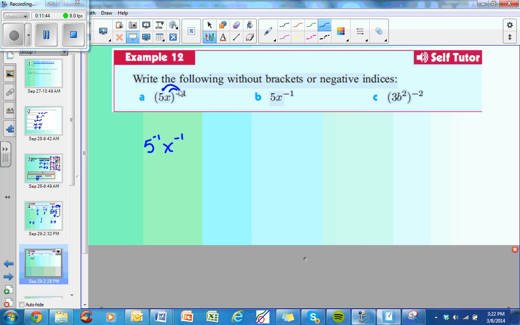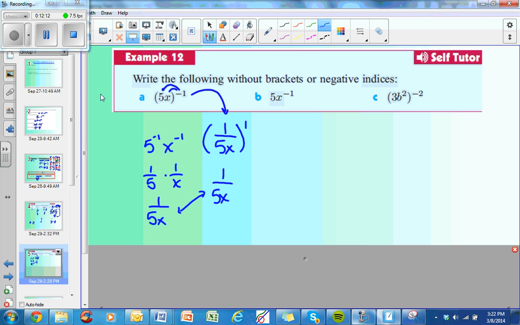It's negative first, which makes that 1/5 times 1 over x, and that's 1 over 5x. Another way to think of it is, as I said with the last one, deal with the negative first. That's going to make it 1 over 5x to the power of 1. Distribute your 1, and it stays 1 over 5x. And again, either way, we get the same answer.